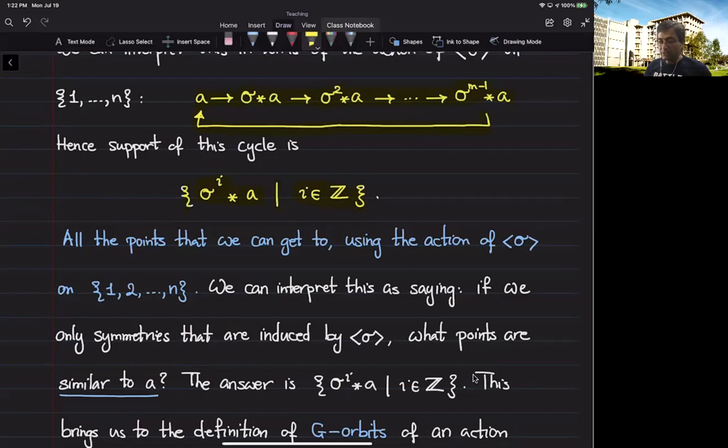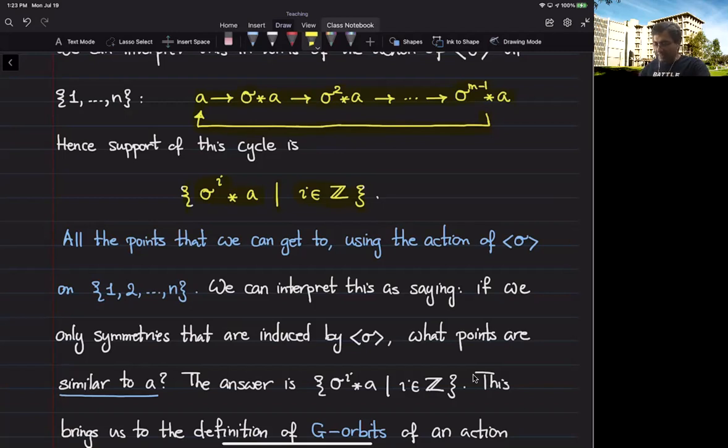Okay, so this means the cycle decomposition is telling me which points look like other ones if I only use powers of sigma. So for instance, if a point is fixed under sigma, this point doesn't move under sigma, so no other point is going to be similar to this point by applying some power of sigma. This is kind of fixed. This is different from the rest from the sigma point of view.